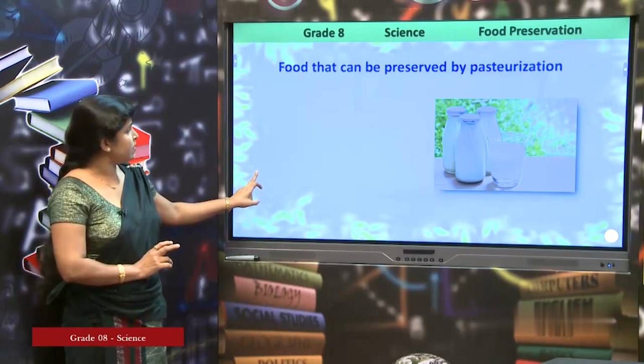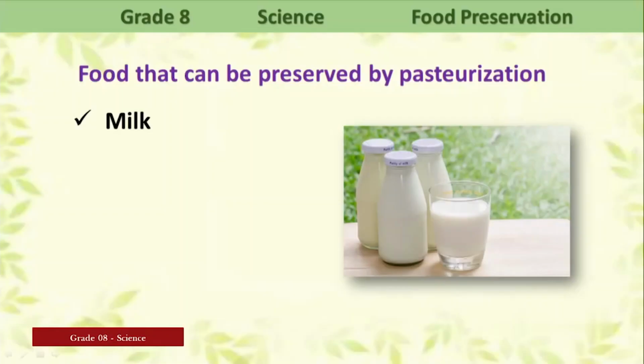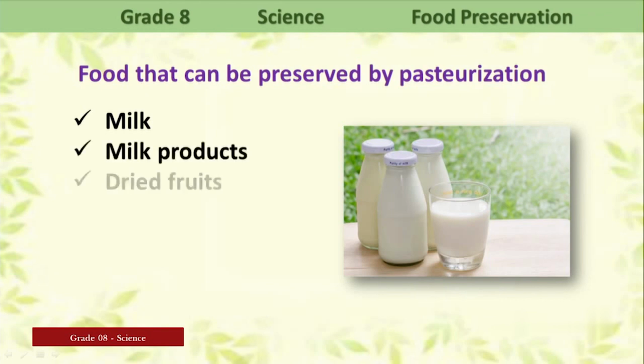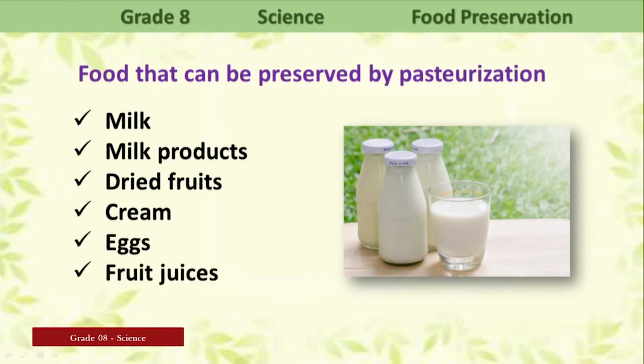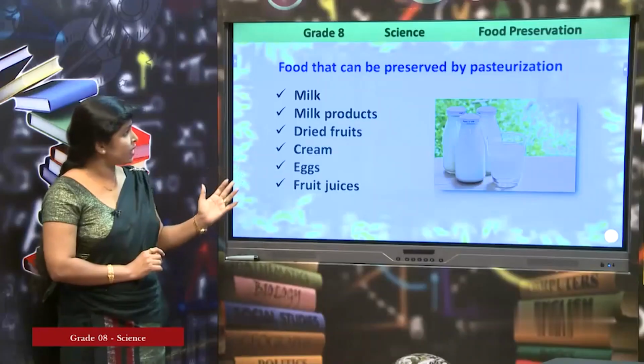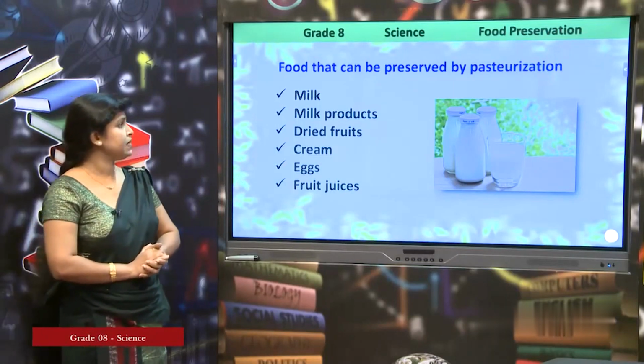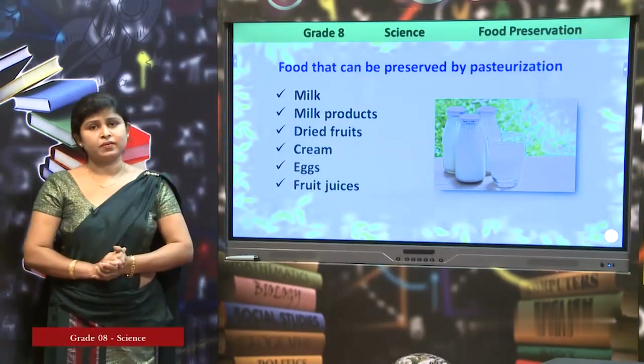Here I have given you several types of food that can be preserved by pasteurization: milk, milk products, dried fruits, cream, eggs, fruit juices.